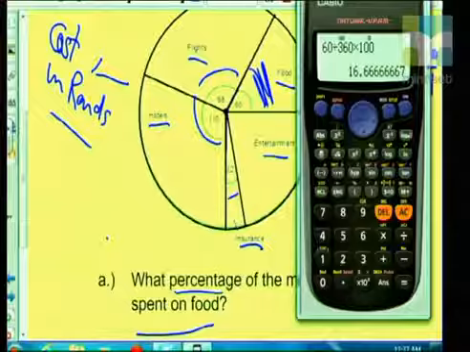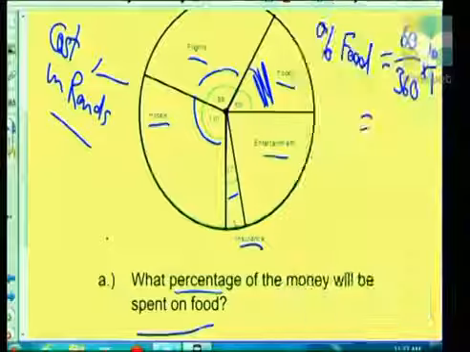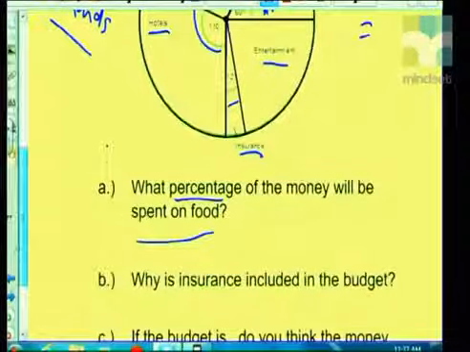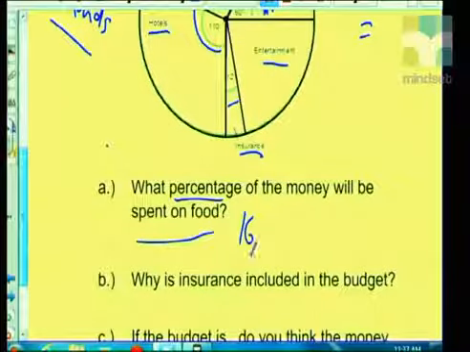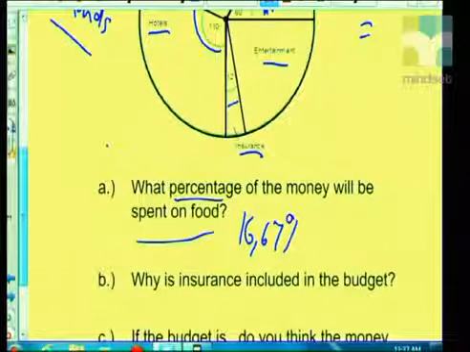Now, what are we going to do with that? We're going to round off to 2 decimal places. So the answer that we're going to write down is 16,67%. So out of my whole budget, 16,67% is spent on food.